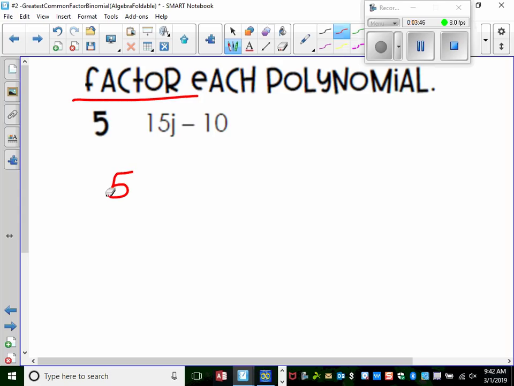So that number then goes on the outside, and what you're doing is dividing each one of these numbers by the GCF. So this is called your GCF, your greatest common factor, that goes on the outside. It almost looks like reverse distributive property, because when I multiply it back out, it's going to take me right back to 15j minus 10.